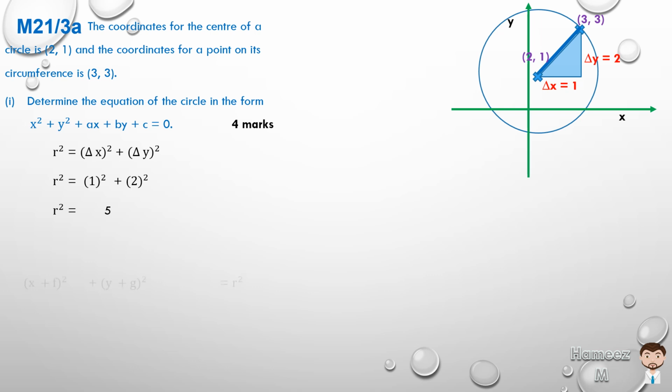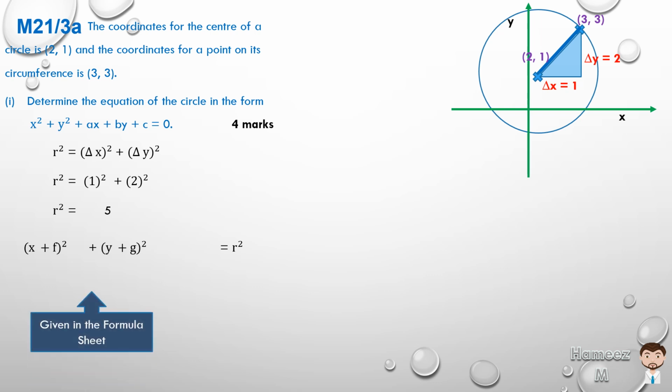So let's recall our formula, x plus f squared plus y plus g squared is equal to r squared. This is a formula given in the formula sheet. And we can substitute because we know the center of the circle is 2, 1. So it'll be x minus 2 squared plus y minus 1 squared is equal to r squared, which is 5.